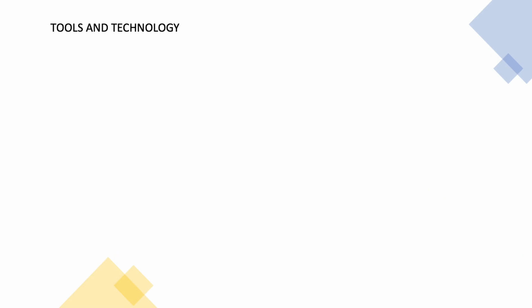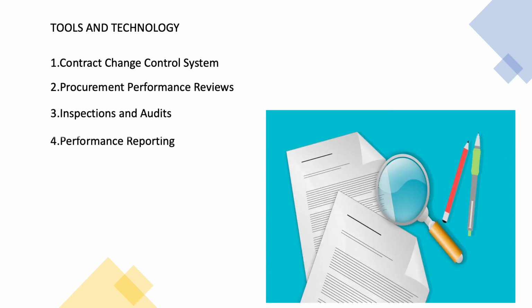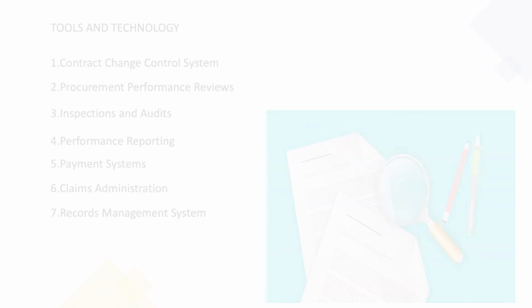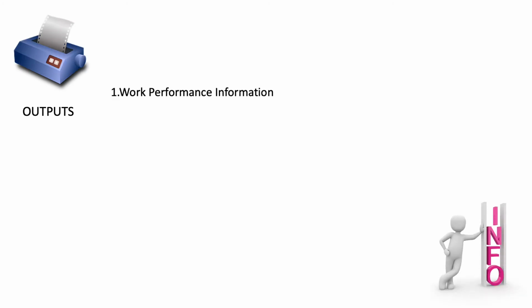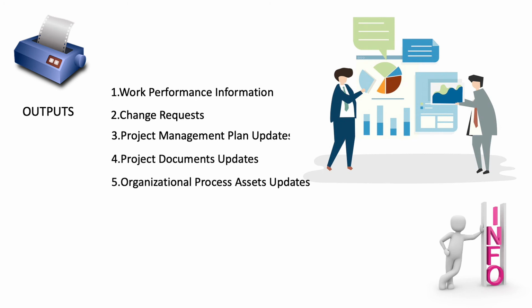Tools and technology consist of contract change control system, procurement performance reviews, inspections and audits, performance reporting, payment systems, claims administration, record management system. Output consists of work performance information, change requests, project management plan updates, project document updates, organizational process asset updates.